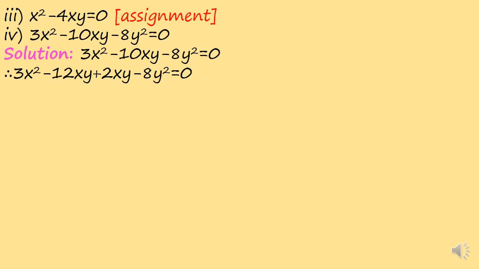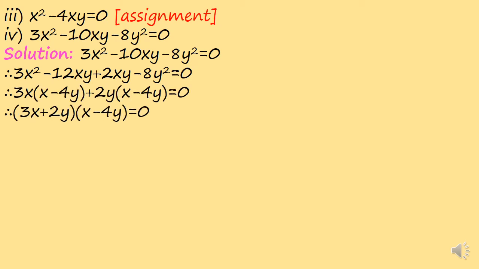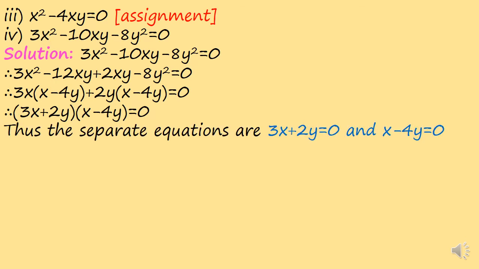The middle term is a sum, as you remember. So, we split the middle term as 3x square minus 12xy plus 2xy because we realize that minus 12 plus 2 is minus 10 and minus 12 into 2 is minus 24. Thus, we split the middle term and we factorize it by taking the common factors. Thus, we get two brackets and both of them represent the separate equations of the lines.